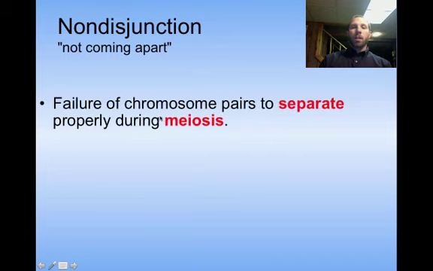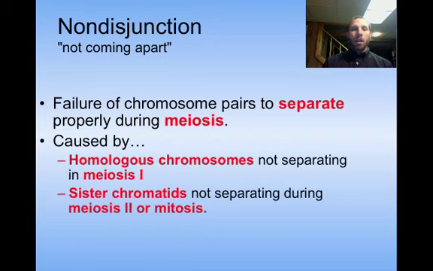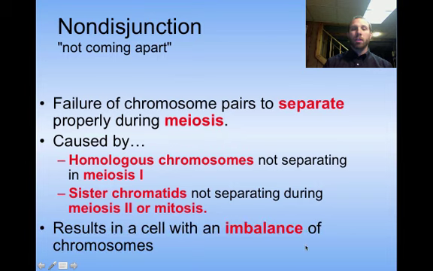This is a result of the failure of chromosome pairs separating properly during meiosis. So during anaphase 1 and anaphase 2, either the tetrads not separating properly or the sister chromatids in anaphase 2 not separating properly. The result is caused by the homologous chromosomes not separating in meiosis 1 or the sister chromatids not separating in meiosis 2 or mitosis, and it results in cells with an imbalance of chromosomes.